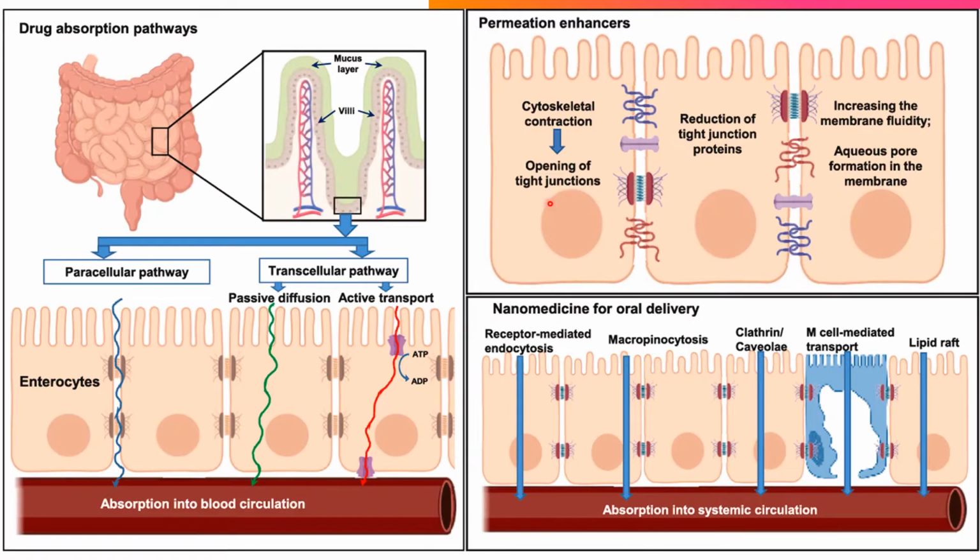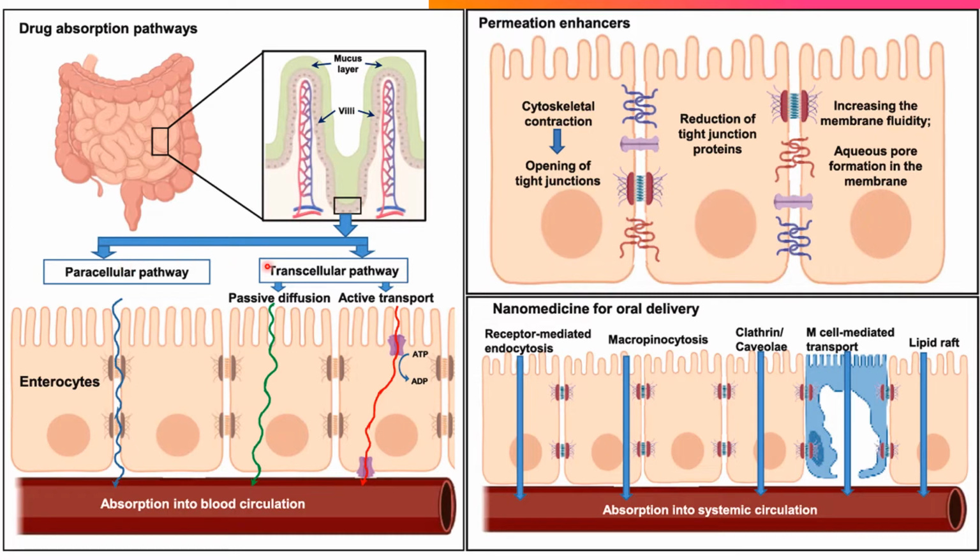So this diagram shows the different mechanisms and pathways whereby drugs will be absorbed in the GIT. So this represents the drug absorption pathway. Absorption into the blood circulation happens in the intestine, particularly in the small intestine or the duodenum. So within the intestine, you have the presence of the villi, and the villi will increase the surface area for drug absorption.